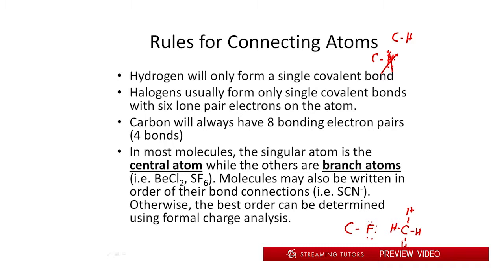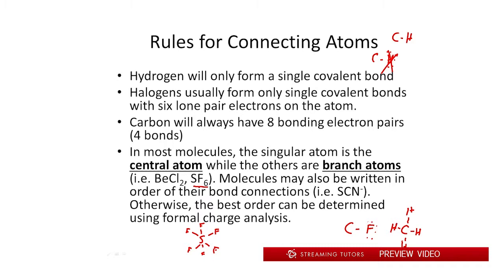So in a structure like SF6, for example, we see there's 1 sulfur and 6 fluorines. Since there's a singular sulfur, we can assume that it's the central atom and fluorine are the branch atoms. So the structure for sulfur would generally start out looking like this. You would put sulfur in the middle, and everything else attaches to it as a center.